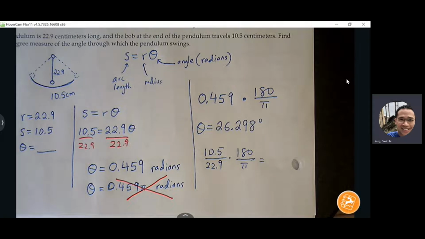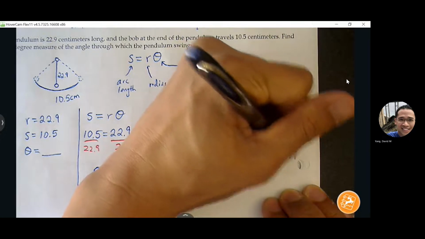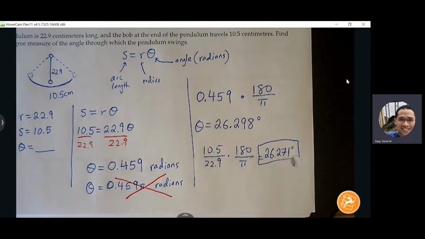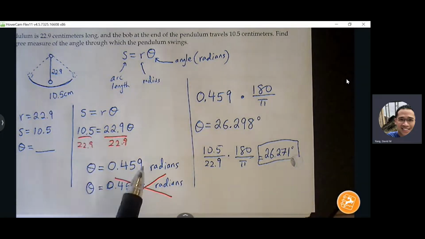Yeah, 26.271. Is it fine if we do either? Yeah. I'll be okay because I'm more concerned about your steps and that you understand what's going on. So if you round it halfway, because this is cumbersome to work with, I'm okay with that.